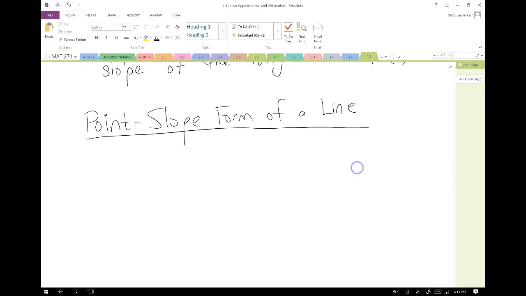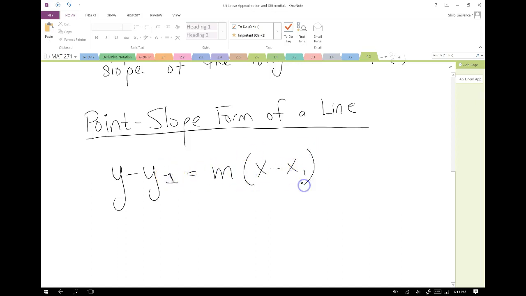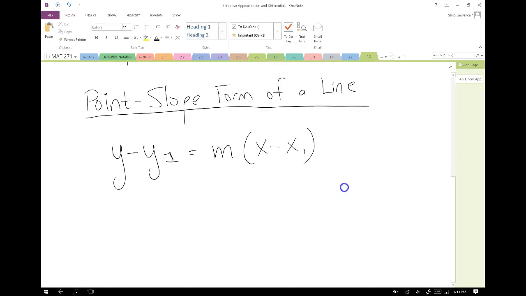So the algebra form that we're probably all used to is y minus y1 equals m times x minus x1. So that's what we learn at some point in an algebra class. But we're going to change this up just a little bit.